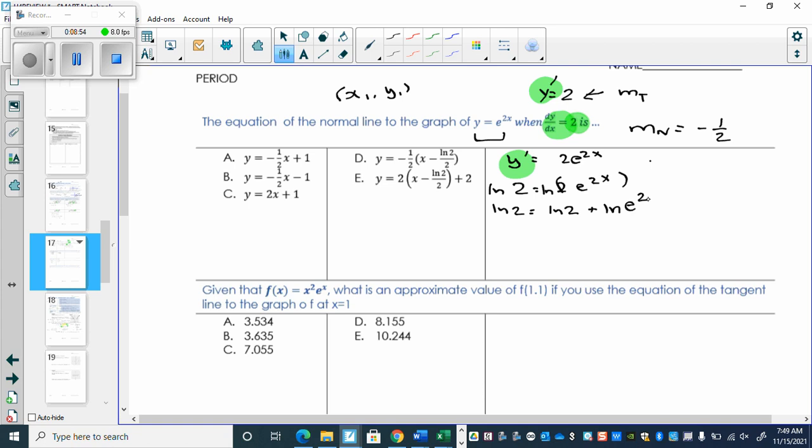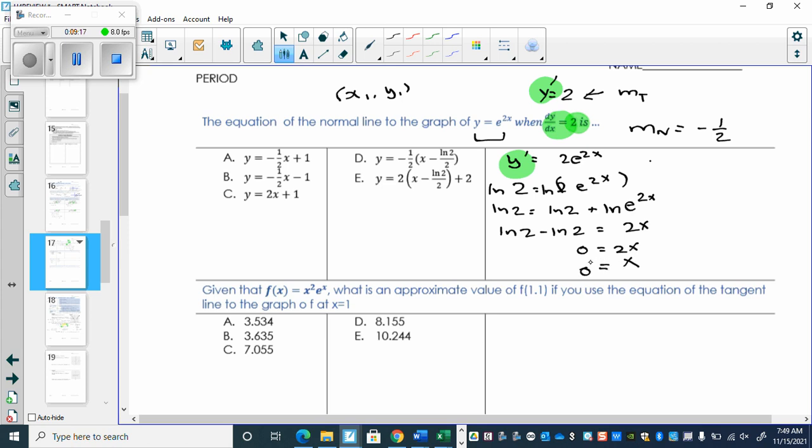And e to the 2x. And what happens is we have natural log of 2 minus the natural log of 2, if I move it over to the left, equals, now simplifying this, I just get 2x. I have 0 equals 2x, or x equals 0.